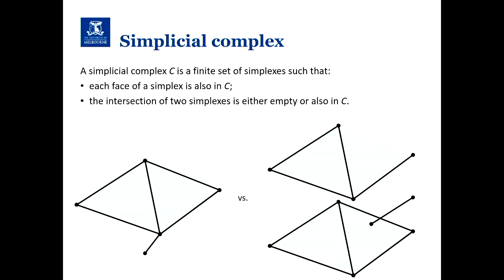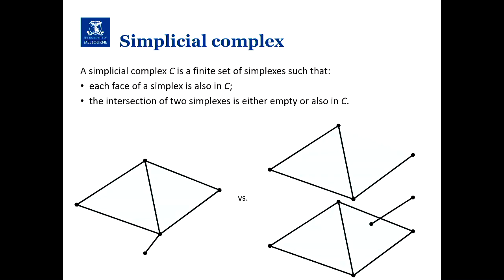So this is a nice example of a complete complex C, because all of the subsets, all of the simplices, both lines and points, are included in that. We have two conditions for what we can call the complex, that each face of the simplex is also in the whole complex.